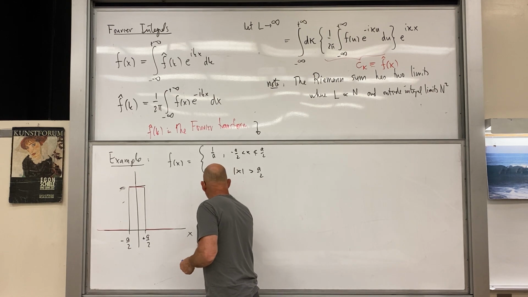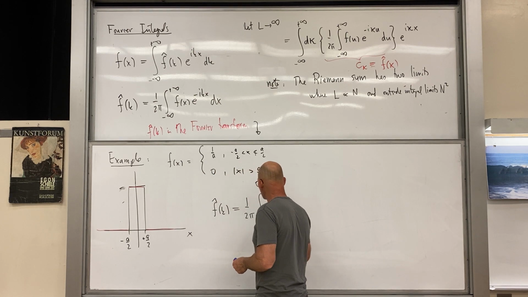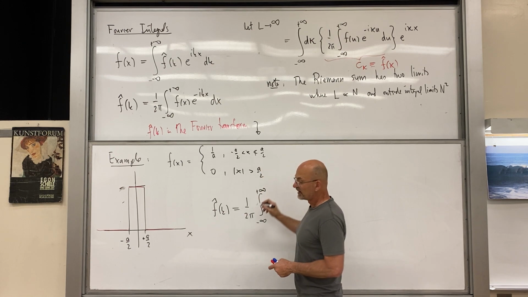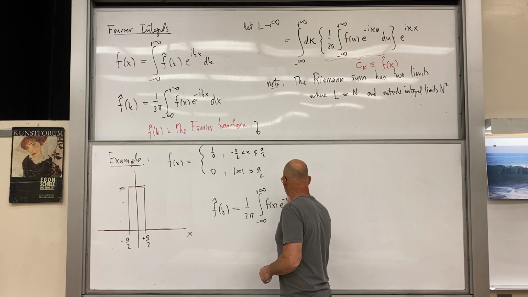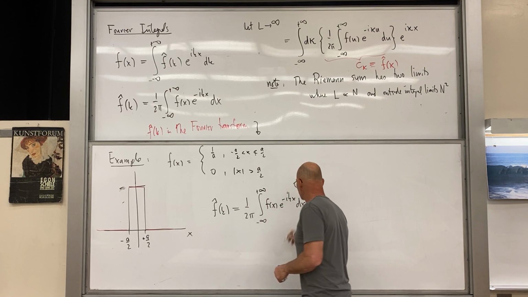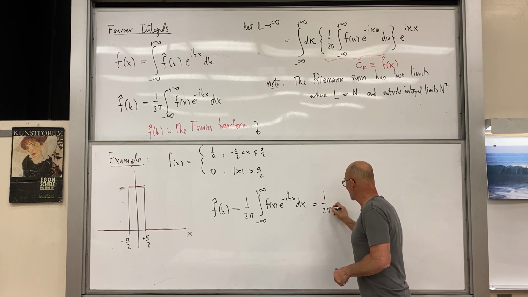F hat of k is 1 over 2 pi, the integral from minus infinity to plus infinity of f of x e to the minus i k x dx. Okay, good. We've got the 1 over 2 pi.